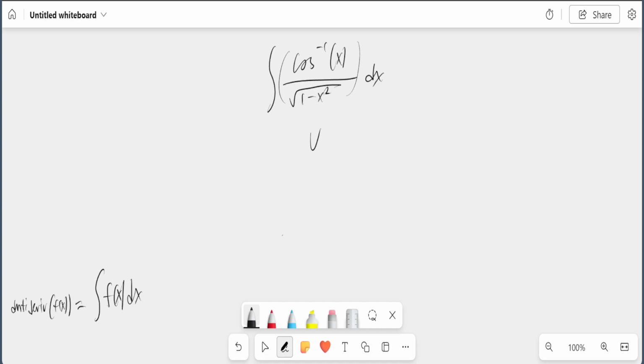Well, we could say this is u du, and then if u is equal to cosine inverse x, cosine u is equal to x.